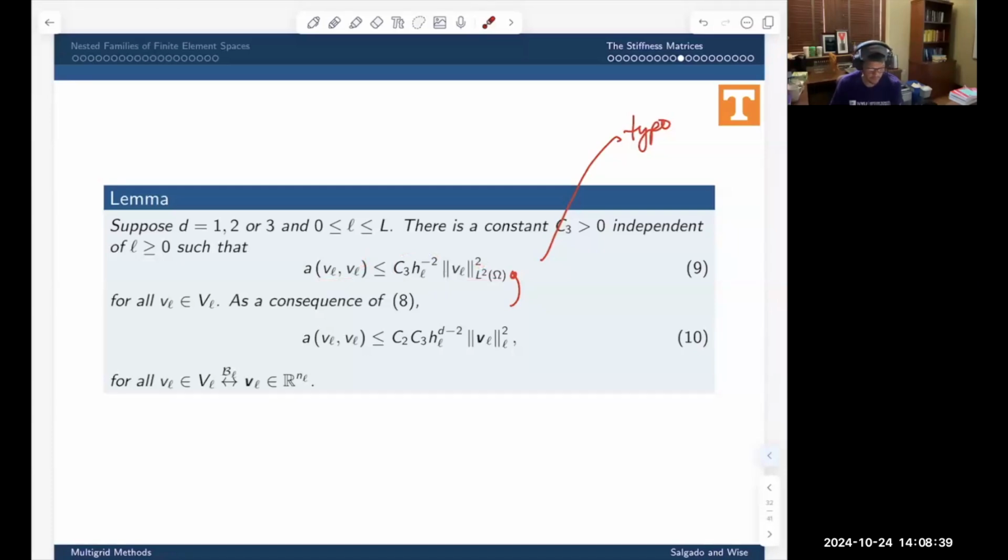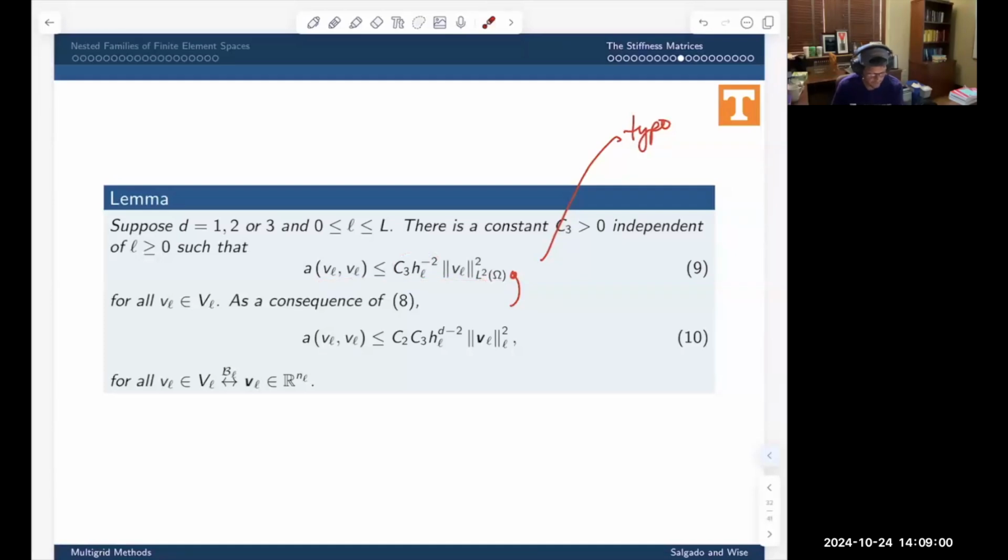We could take the square root and the result still holds, but with a slightly different C. So this is just a statement of norm equivalence on a finite dimensional space. It does not hold on an infinite dimensional space, such as H01. So this is what we call an inverse inequality.